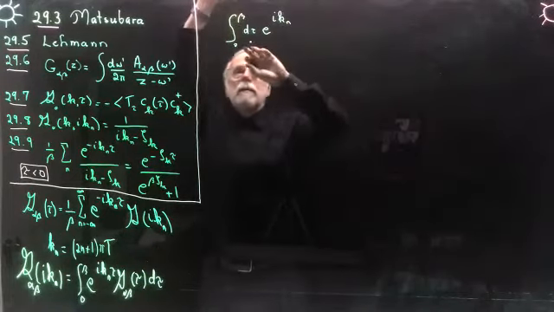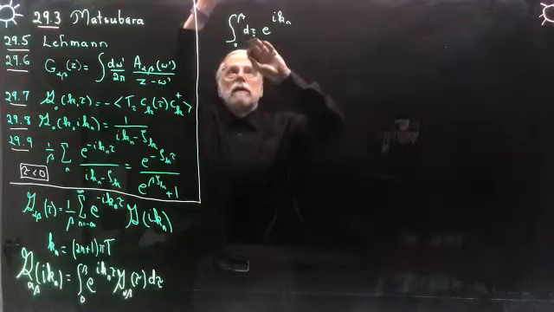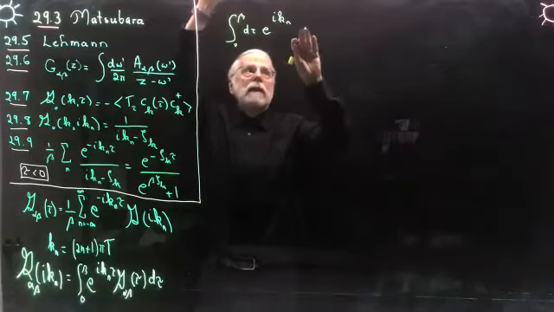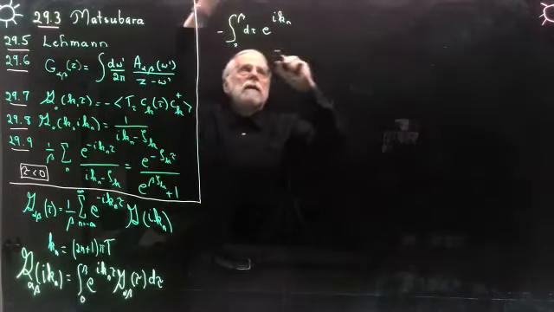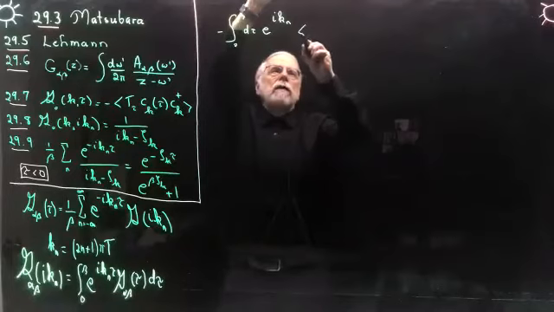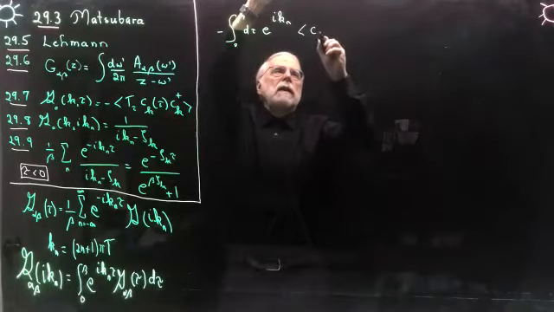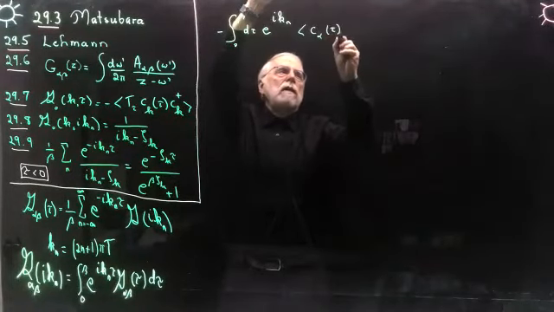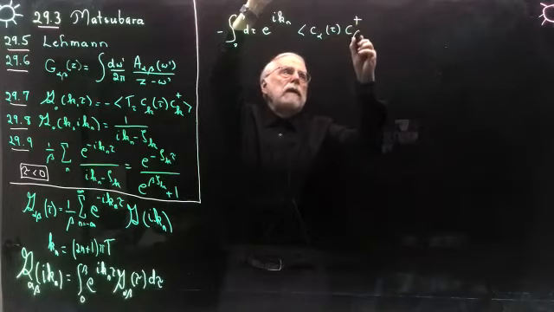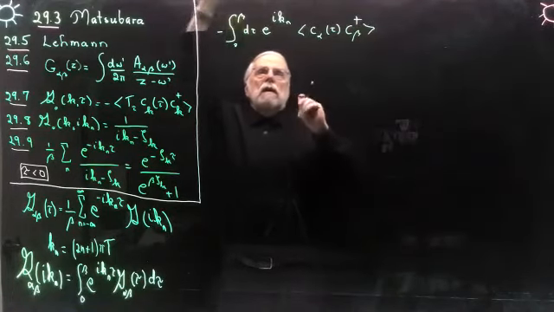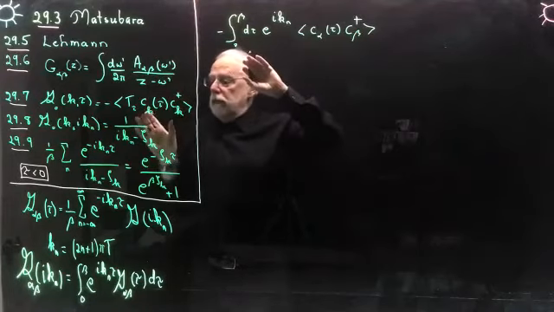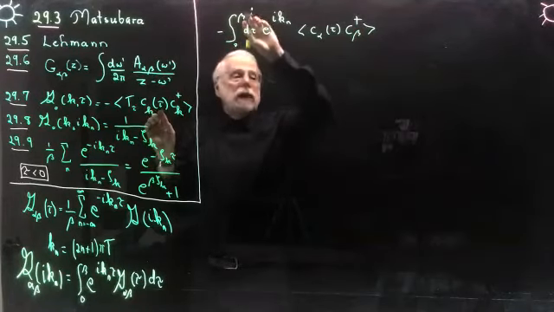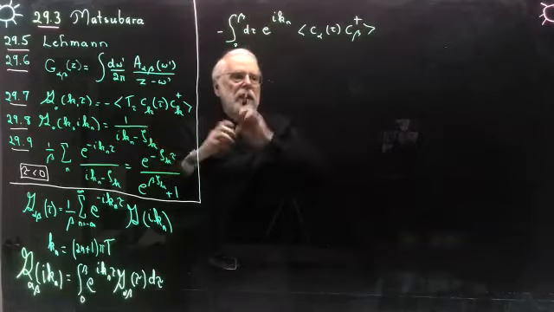So the time here, tau, is larger than 0, which means that the destruction operator is the one that's appearing here. So there's a minus sign, and we have C alpha of tau, C dagger beta. Okay, that's all I need for the time ordering operator here, because the tau is larger than 0.